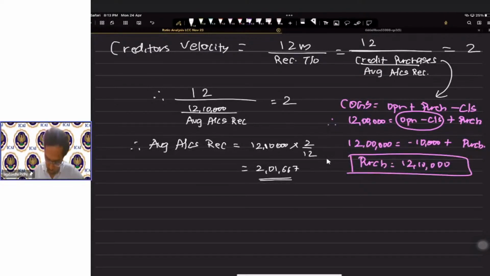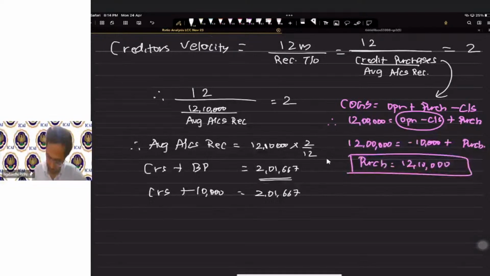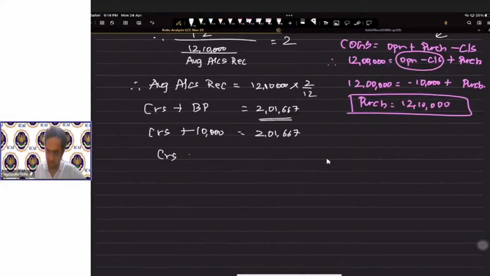Now, of course, this average accounts receivable is creditors plus bills payable. So creditors plus bills payable of 10,000 is 201,667, which means creditors, if you just subtract it, is 1,91,667.